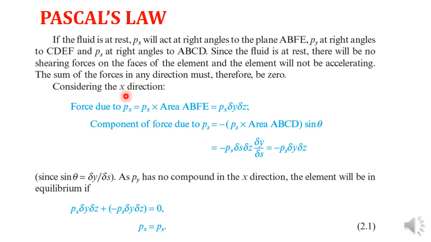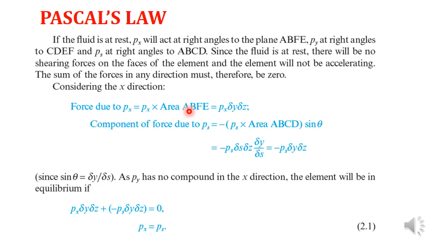If we consider the two directions x and y one by one, first of all considering the x direction, the normal forces acting on this triangular prism differential element in the x direction will be px, the pressure due to the forces acting in the x direction.